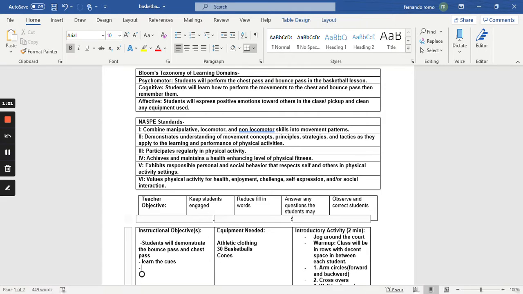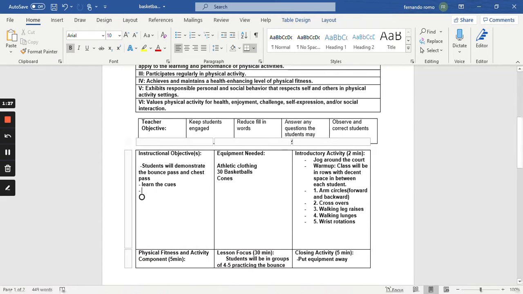Participates regularly in physical activity. 4. Achieves and maintains a health-enhancing level of physical fitness. 5. Exhibits responsible personal and social behavior and respects self and others in physical activity settings. 6. Values physical activity for health, enjoyment, challenge, self-expression, and/or social interaction.